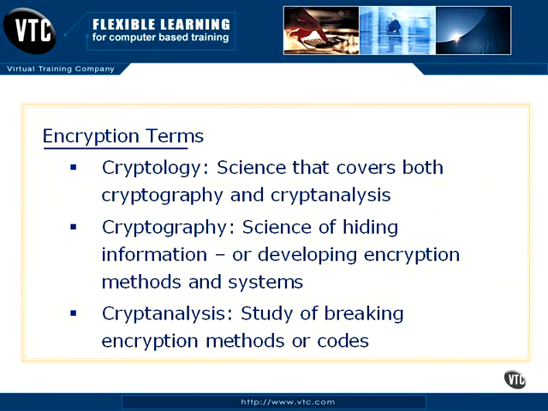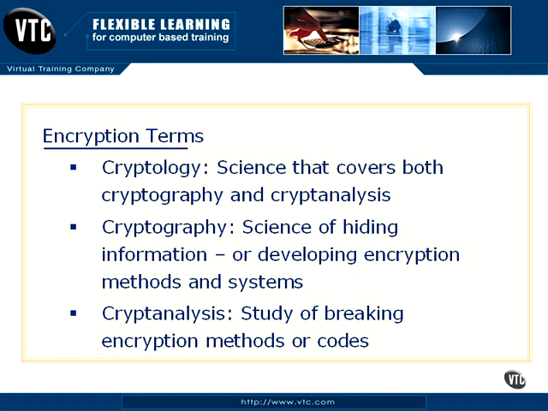Before we go any further, let's talk a little more about the scientific terms. First, there's cryptology. You may hear these terms, and it's helpful to know how they relate to each other. Some people use them interchangeably, and they're not really the same. Cryptology is the science that covers both cryptography and cryptanalysis. Cryptography is the science of hiding information.